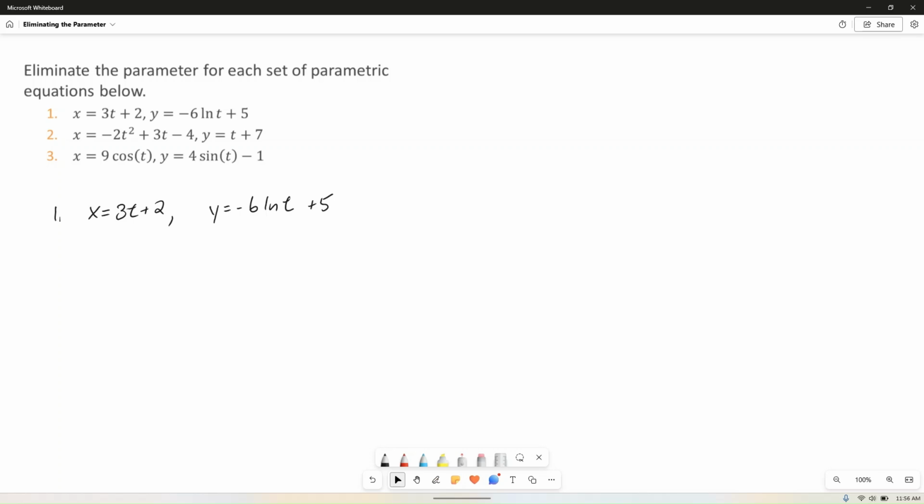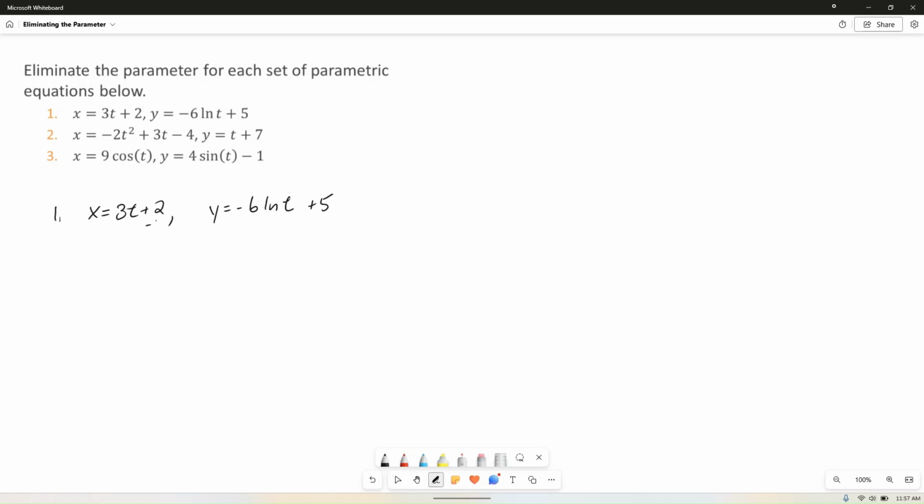So if we look at x equals 3t plus 2 and y equals negative 6 natural log of t plus 5, which of those equations would be easier to solve for t? Technically, we could do both, but it would probably be easier to solve the linear equation. So let's do that. We're going to take x equals 3t plus 2 and solve it for t.